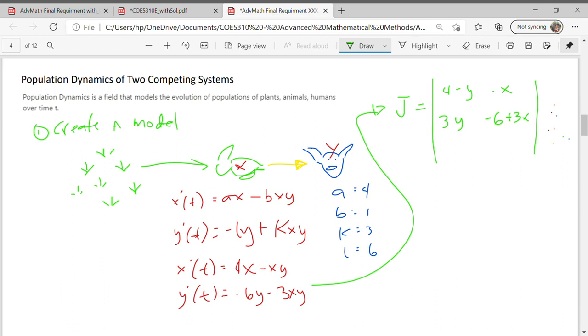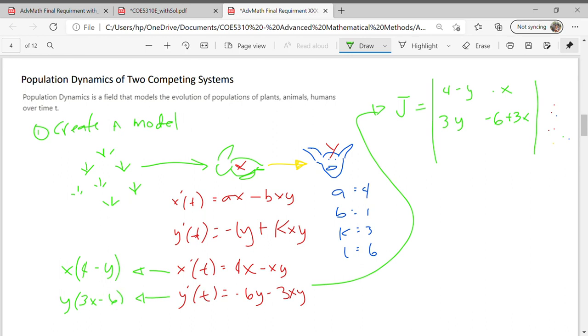Next, we get the fixed points. So what would be our fixed points here? We factor out x from the first one, so we get x(4 minus y), and from the other we factor out y, so we get y(3x minus 6).